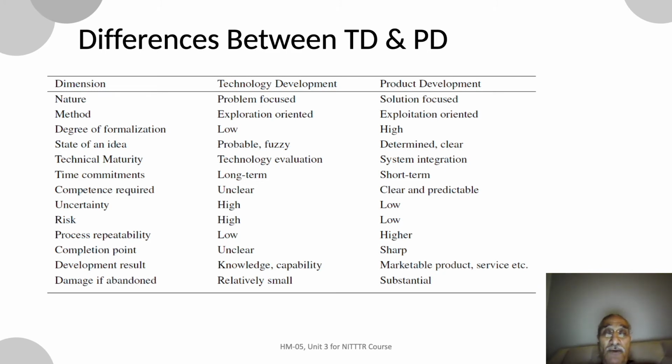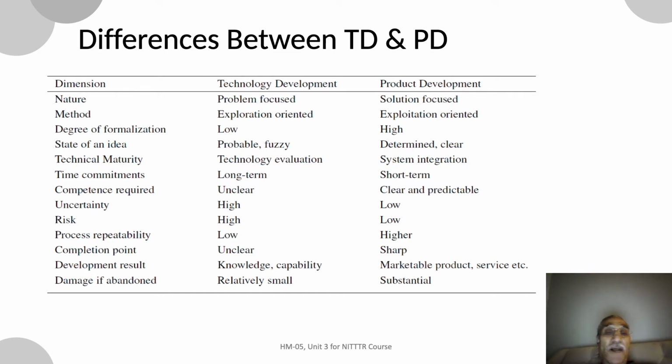So either using the internal assessment process or a joint assessment process will be important. So the technology development formalism is low while the product development formalism is high, because there we know whether we are meeting the standards of the product or not, and whether it's going to succeed in the marketplace or not.